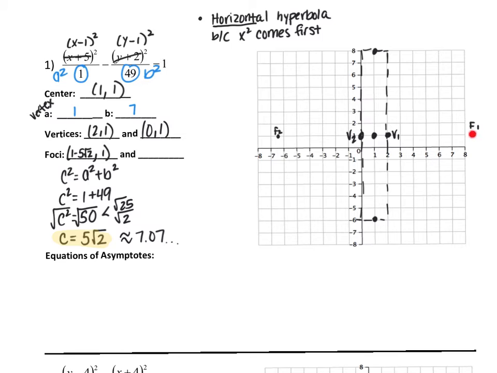And then to get our other foci value, we start at an x value of 1 and we add 5 rad 2. So my x value is 1 plus 5 rad 2. And again, my y value hasn't changed. The y value is still 1. So last but not least is the equation of our asymptotes.